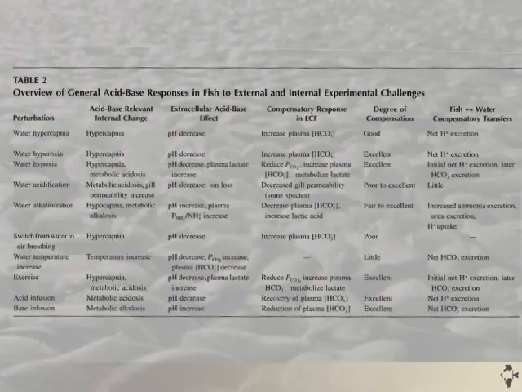This, again, can be induced experimentally, but it can also occur during normal anaerobic respiration. As a result of that, again, you see metabolic acidosis resulting here. Again, it's not hypercapnia because this isn't the result of CO2 accumulation. It's the result of lactic acid accumulation. Of course, you see a pH decrease and some of the same effects that we saw illustrated on that figure at the very beginning of the lecture.